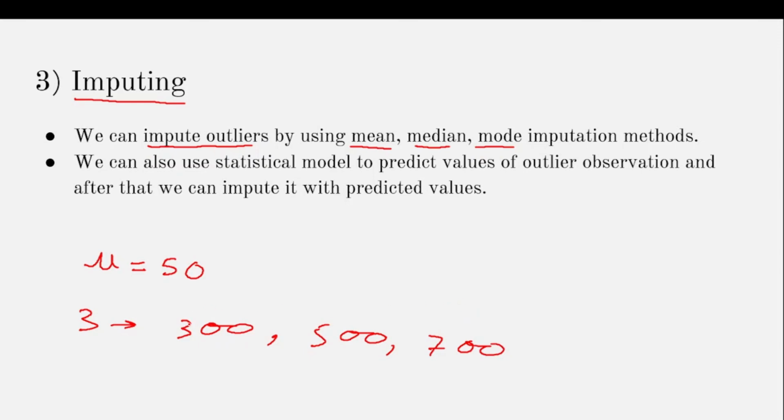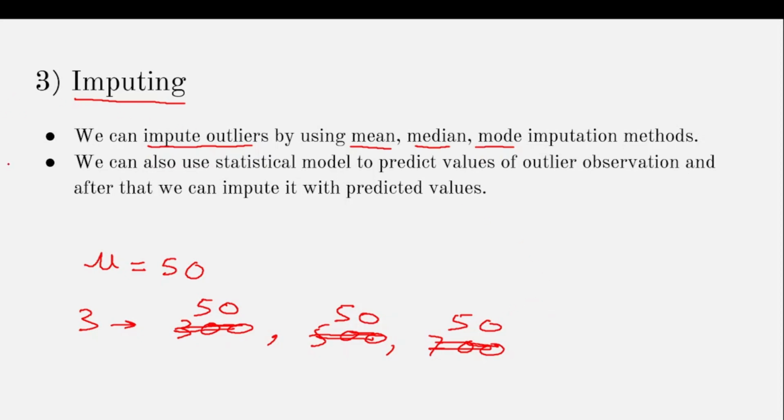In this method, we replace these values by the value of either mean, median or mode. In this case, I'll be replacing each of the values by the value of the mean, that is 50. So this is how we do imputing.